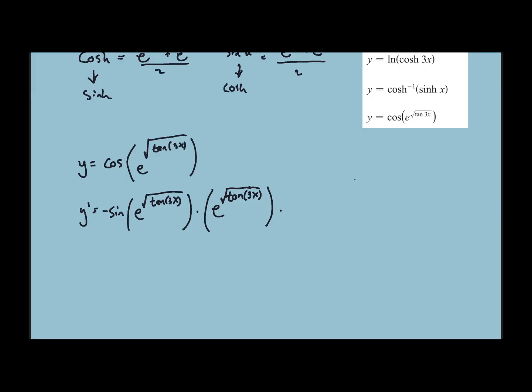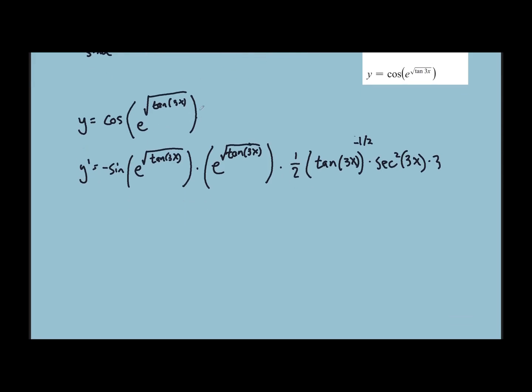I think that's going to be 1/2 tangent of 3x to the negative 1/2 times the derivative of the inside. What's the derivative of tangent? That's secant squared of 3x. And then one more chain rule here, times 3.